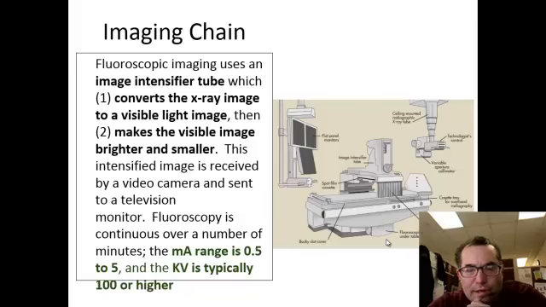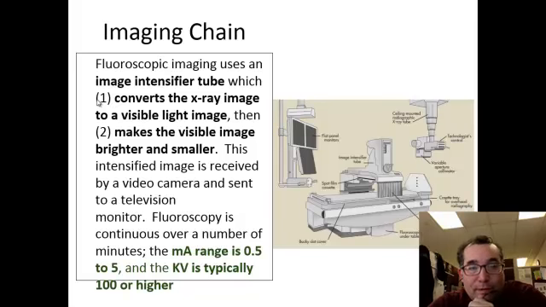So in fluoroscopy, we have an X-ray tube, right, that is going to produce our X-rays, but we also have a second tube, and that's known as our image intensifier tube, right? It's going to convert an X-ray image to an image of visible light, right?